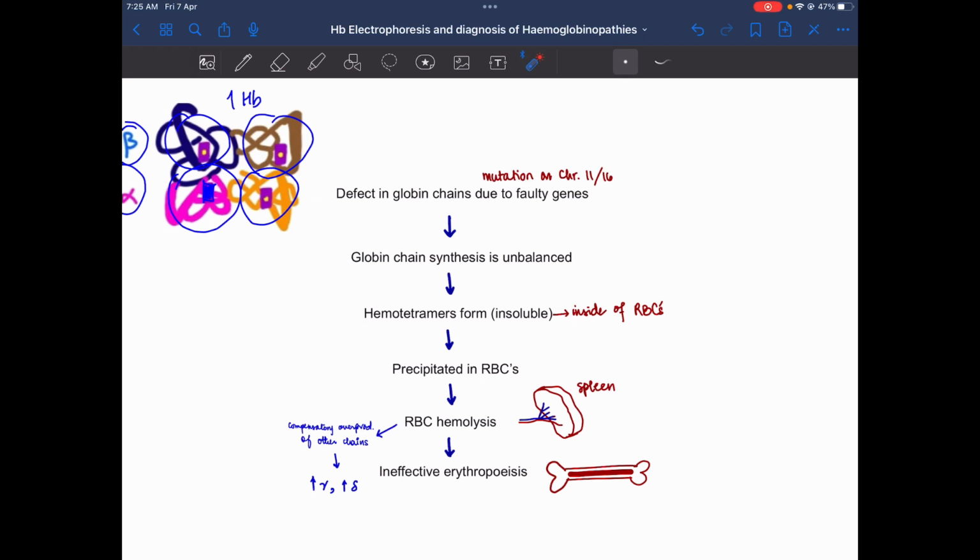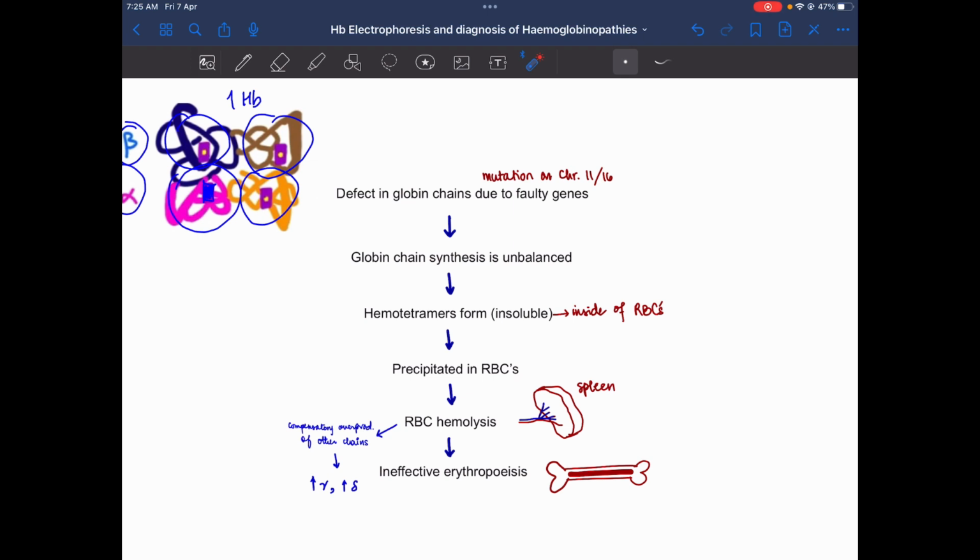What's going to happen next is that the spleen is going to recognize that these RBCs are not normal, and so they're going to be destroyed. RBC hemolysis takes place. When you have so much hemolysis on such a large scale, it will lead to ineffective erythropoiesis in the bone marrow.